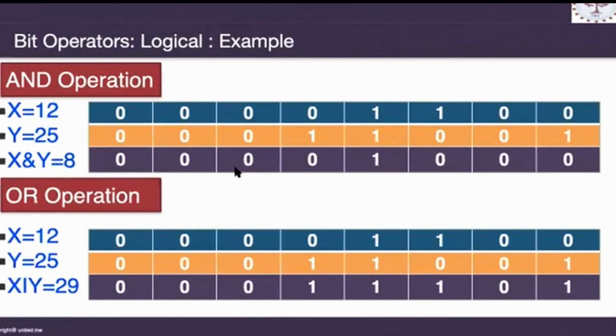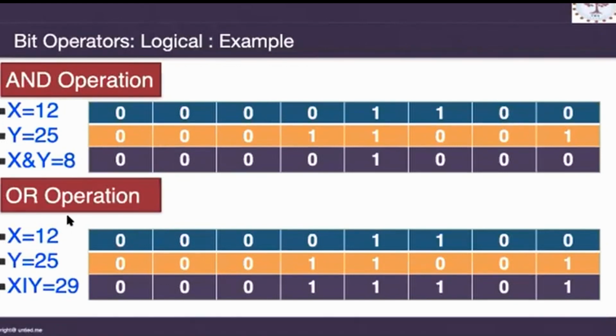Why is it 8? When you do the AND operation, both values should be 1 at corresponding places, otherwise the result is 0. If both values are 1, only then it produces 1. So 0 and 1 becomes 0, 0 0 is 0, 1 0 is 0, and 1 1 gives 1 because both places are 1. Again 0 1 0 0 0 0 0. Like that it results in 8.